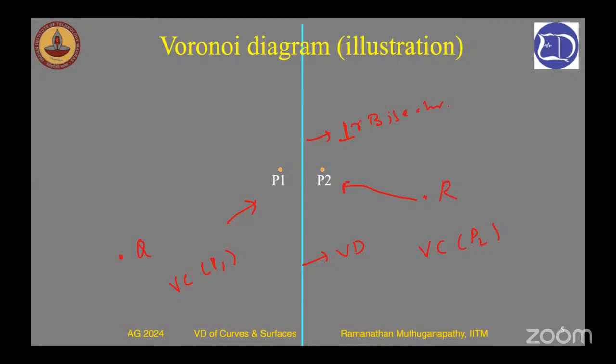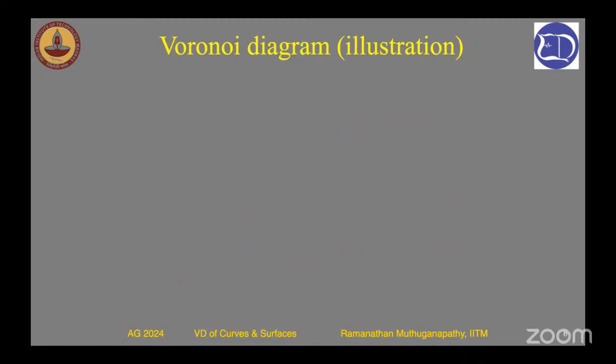So if you extend this further, you can see that if you take 3 points, the Voronoi diagram will consist of the perpendicular bisectors from different pairs. So you can see that this is one of the components of the Voronoi diagram, which is the Voronoi edge, and this comes from the bisector of P1 and P3. And similarly, you will see there is a component from the bisector of P1 and P2, and another one from P2 and P3.